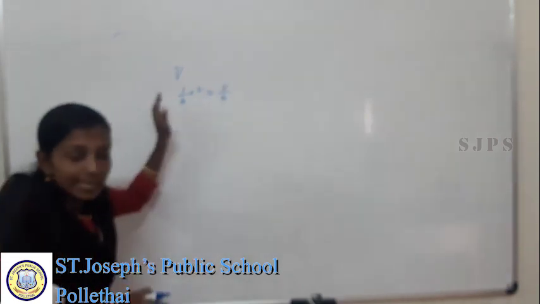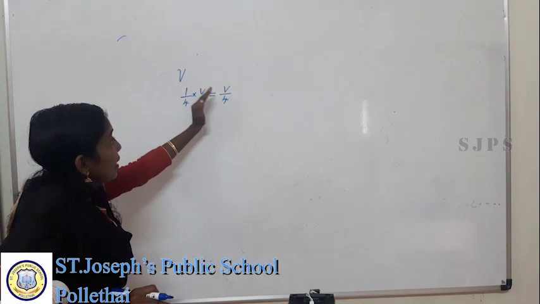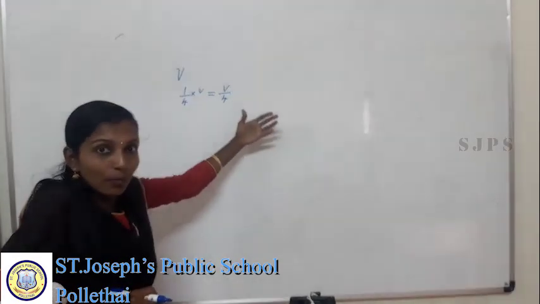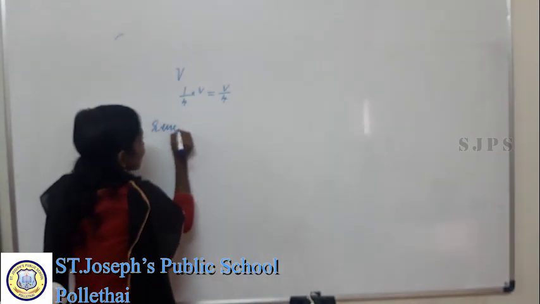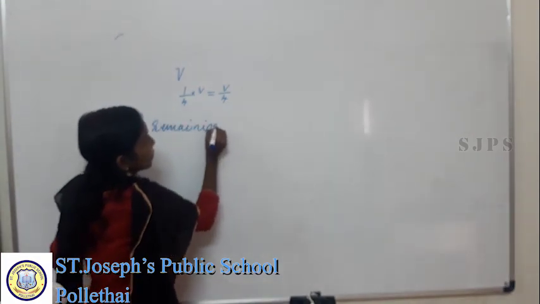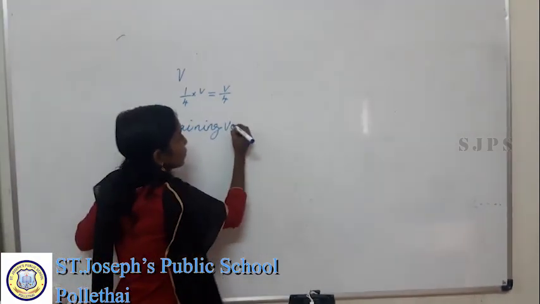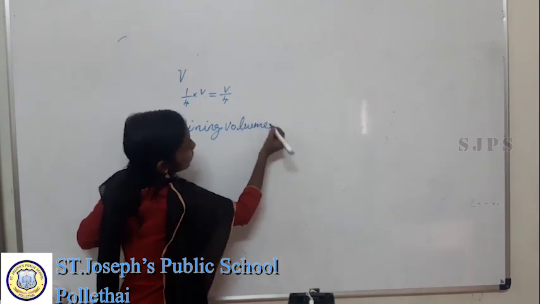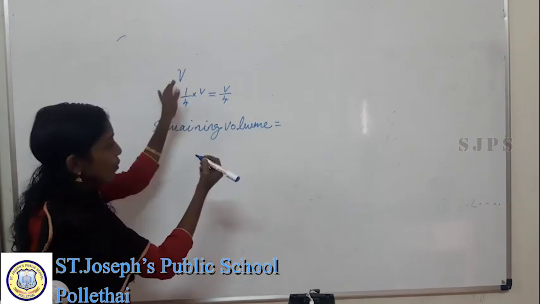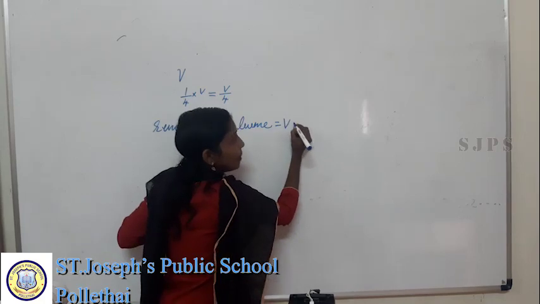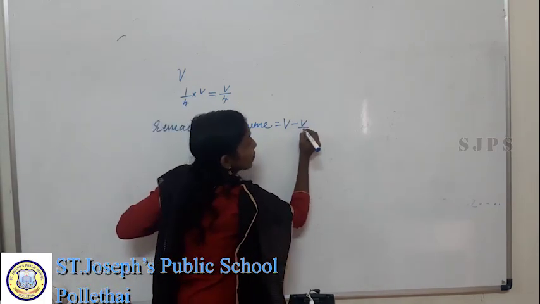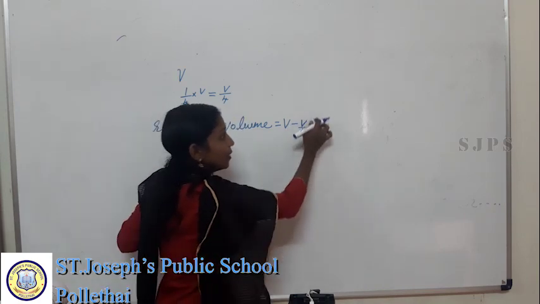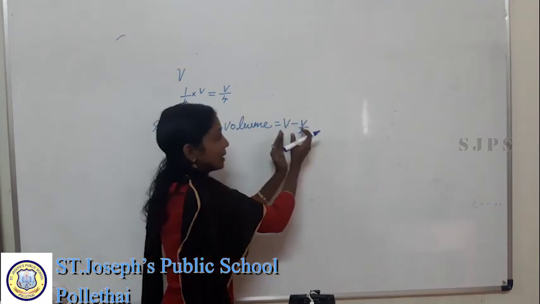So at a time 1 by 4 of the air is removed. So the remaining volume is equal to V minus V by 4.